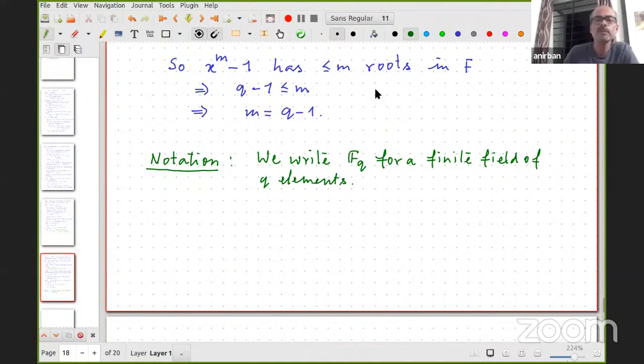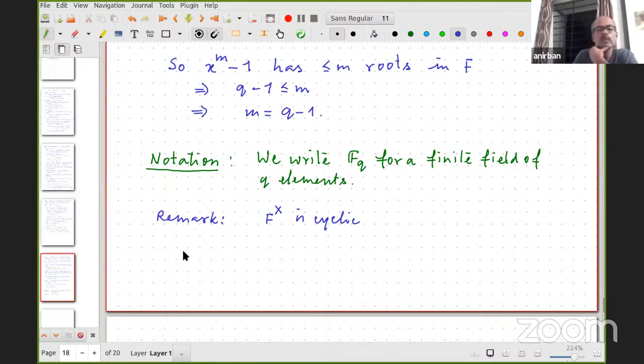Okay, so a small remark here. If the multiplicative group is cyclic, that's what we have seen. So is the additive group cyclic?